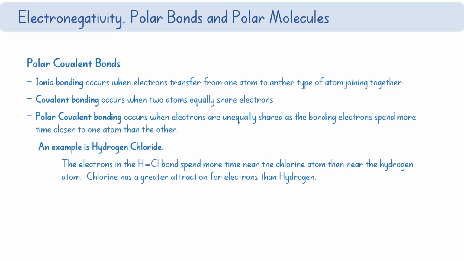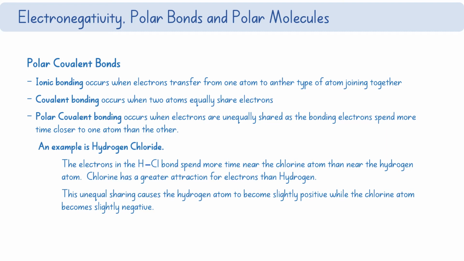The electrons in the HCl bond spend more time near the chlorine atom than near the hydrogen atom. Chlorine has a greater attraction for electrons than hydrogen.